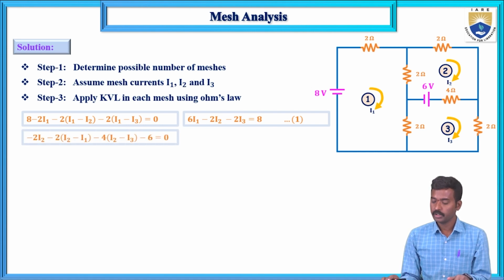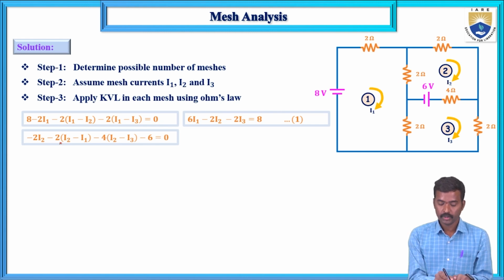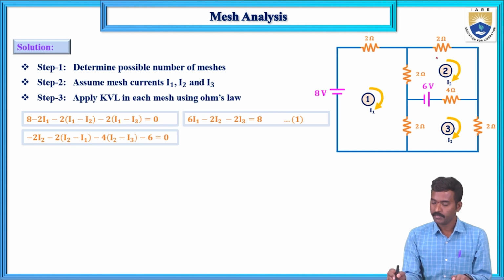Second loop equation: 2 into (I2 minus I1), 2 into I2, 4 into (I2 minus I3).